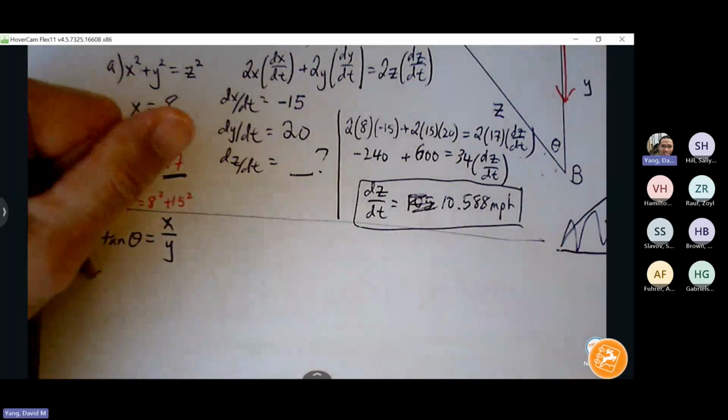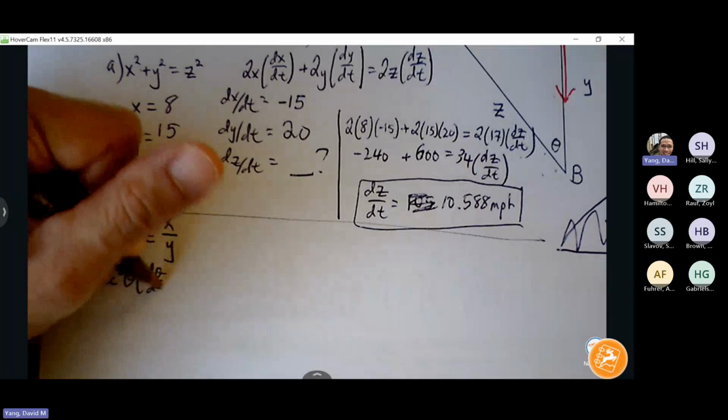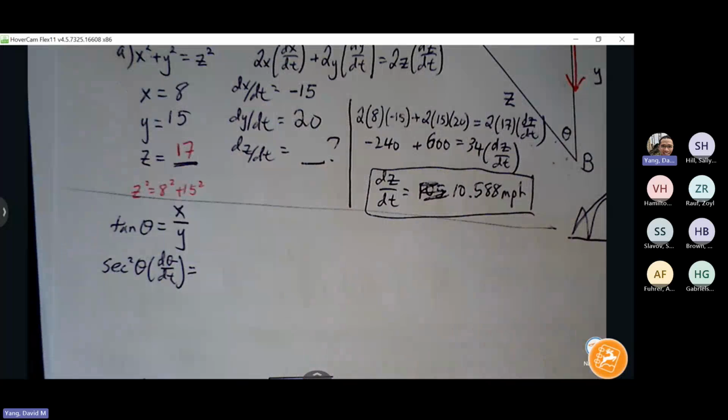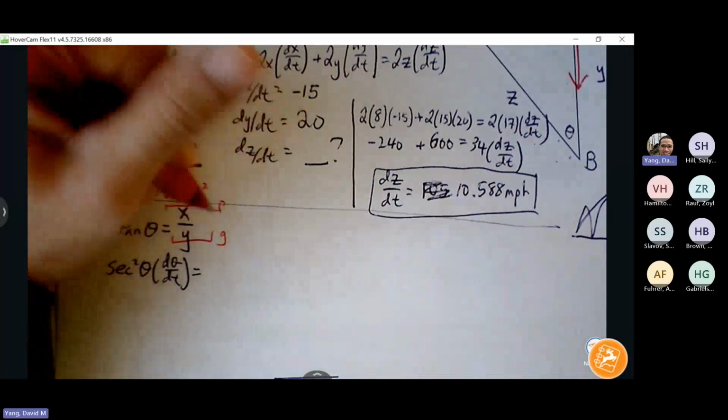Okay, so tangent becomes secant squared d theta dt. Quotient rule on the right side. This is my f. This is my g.